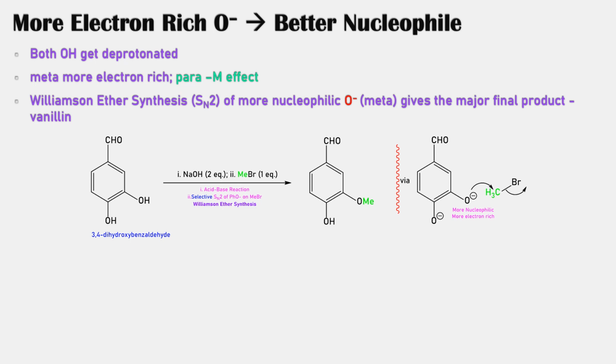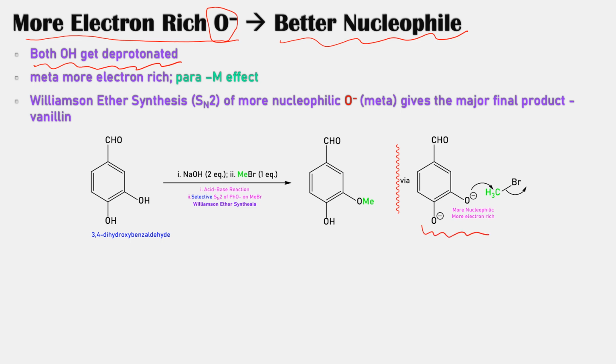We said option 4 is going to be quite an interesting case. The reason being, we now have two equivalents of base, so both the OH groups are deprotonated in the first step, and now our thought is that the more electron rich oxygen is going to be more nucleophilic in nature. This is basically the compound being formed.